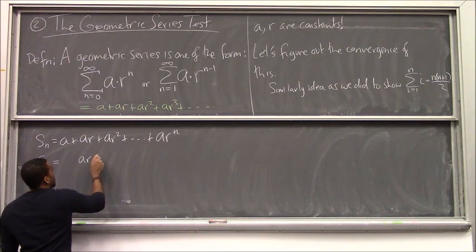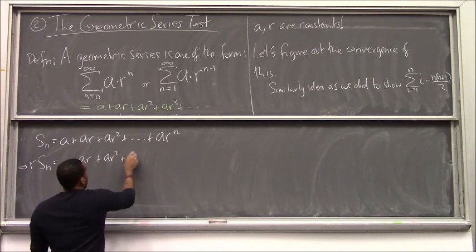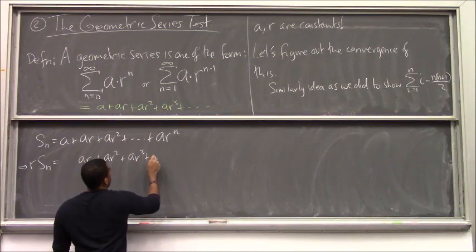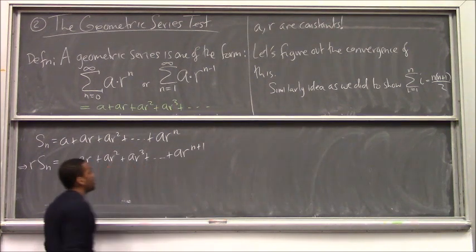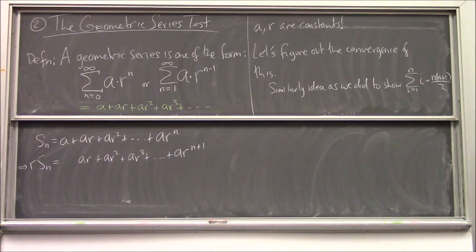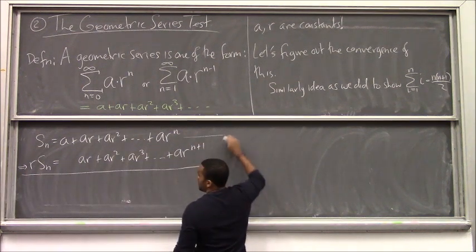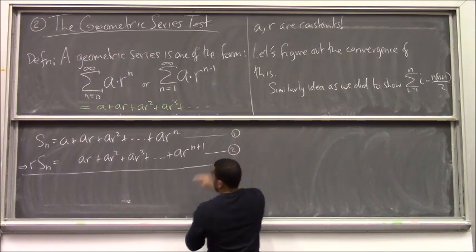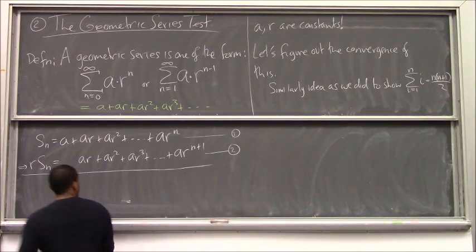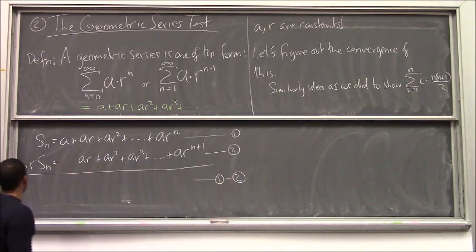We get ar squared, ar cubed, all the way down to ar to the n plus 1. And then what we like to do is subtract these two. Let's call this equation 1 and this equation 2. I'm going to take equation 1 and subtract equation 2.